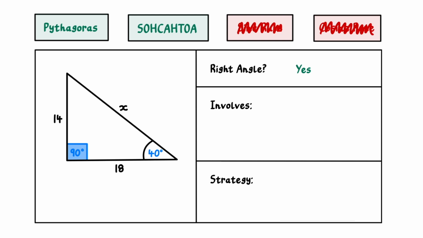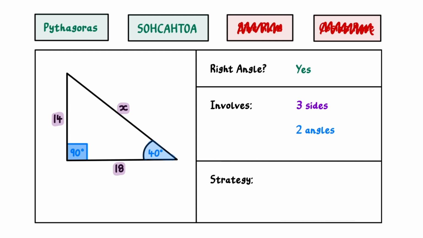The labels involve 1, 2, 3 sides and 1, 2 angles. Pythagoras requires 3 sides and 1 angle, whereas SOHCAHTOA requires 2 sides and 2 angles. As it turns out, our triangle fits both of these requirements.